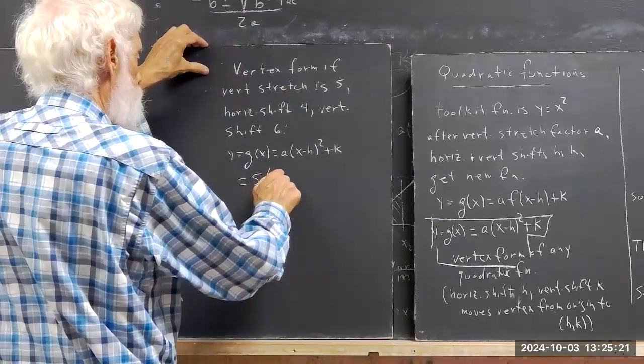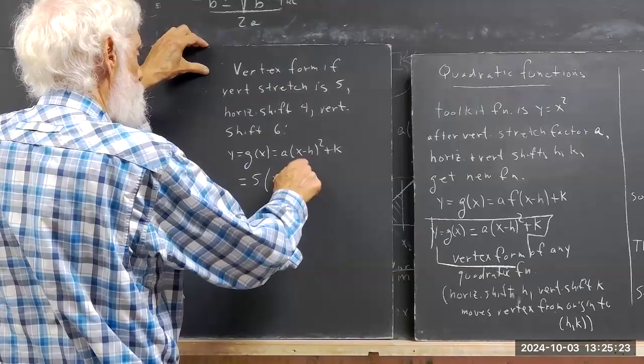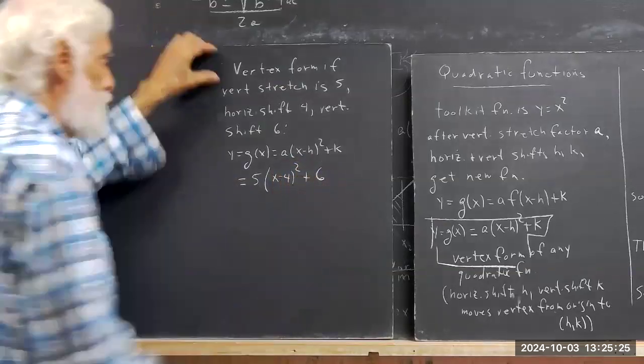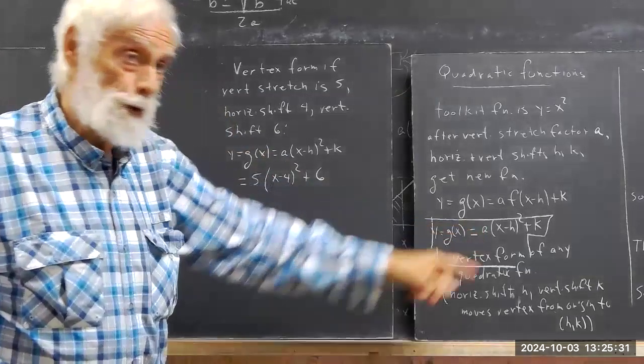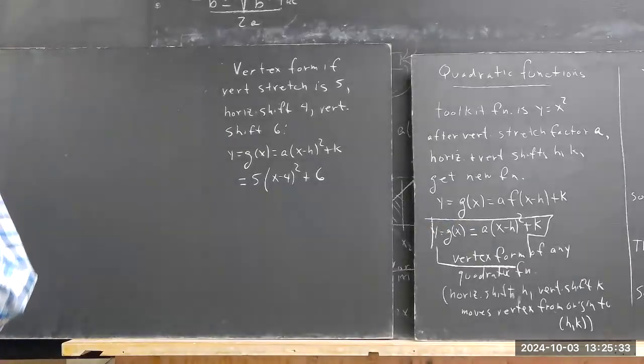Horizontal shift is 4. Vertical shift is 6. Okay. So I just told you what the numbers were to put into this vertex form. So focus on that. If you didn't get it, it's easy. But you might want to go back, look at my explanation again, or see what the math tells you about it, because it'll tell you right away.